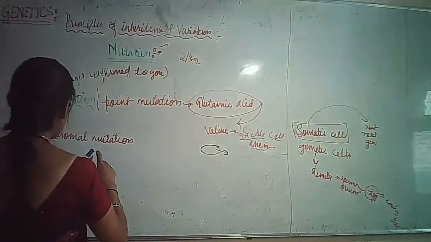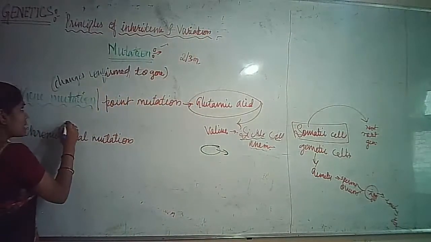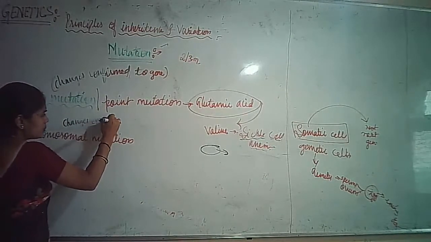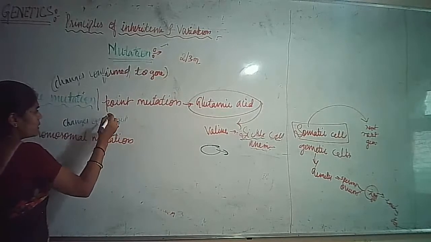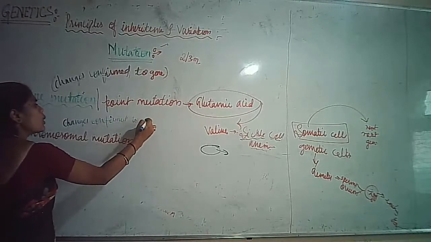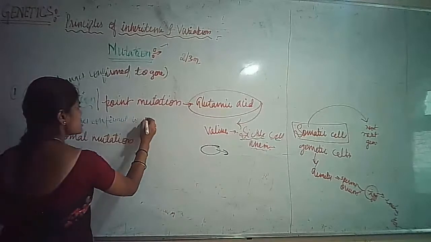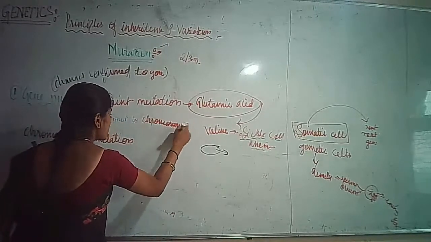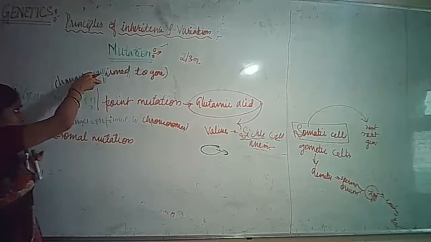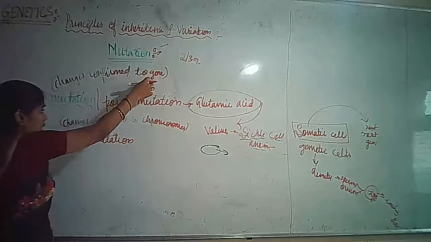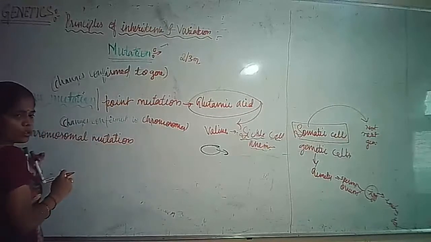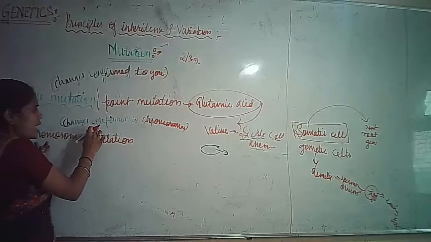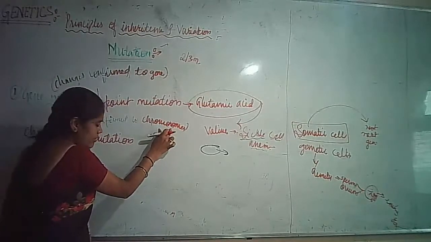But here what happens? The changes taking place are confined to chromosomes. Dear students, changes are confined to the chromosomes. I have said changes confined to the gene, so the gene sequence changes. Here in chromosomal mutation, changes are at the chromosomal level.